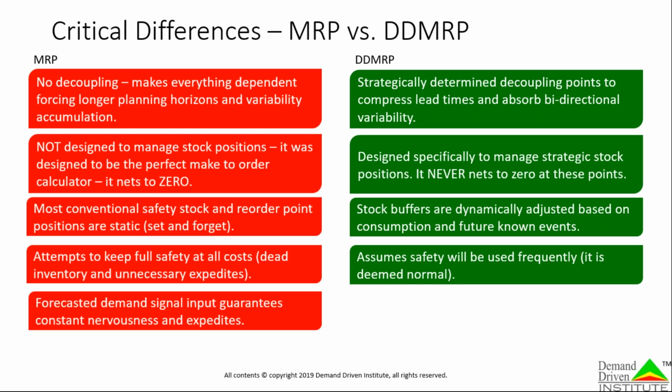With MRP, forecasted demand signal input guarantees constant nervousness and expedite. Remember, we don't have enough time. To make MRP work, we're supposed to have our demand time fence set to customer tolerance time. Well, guess what? We can't do that. So our planning horizon extends out at least our cumulative lead time and beyond. And as real demand becomes known, we have to make adjustments.